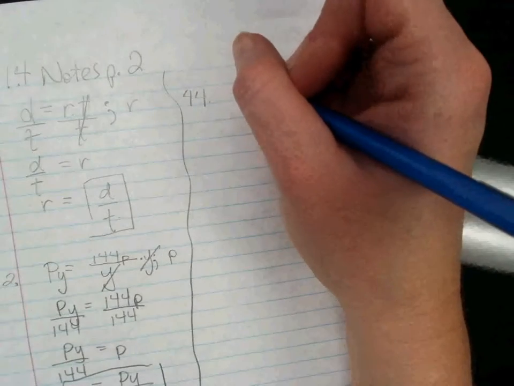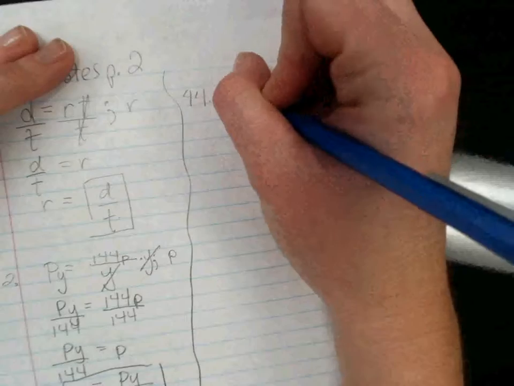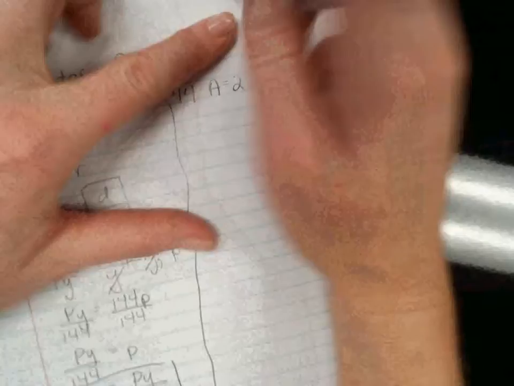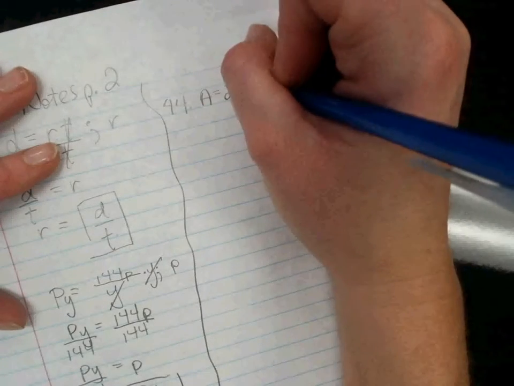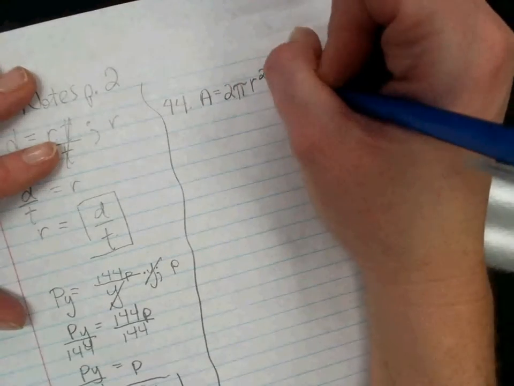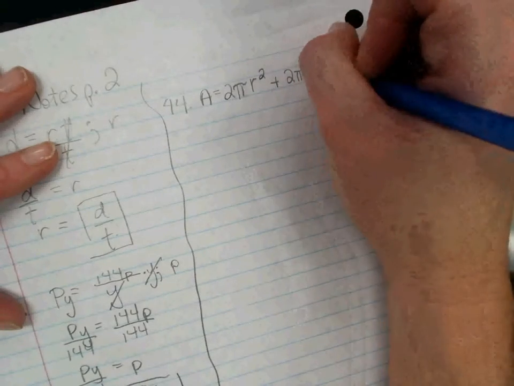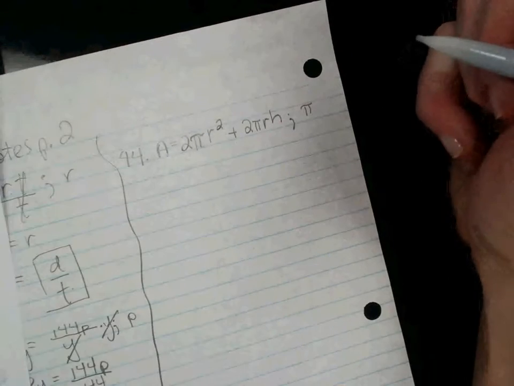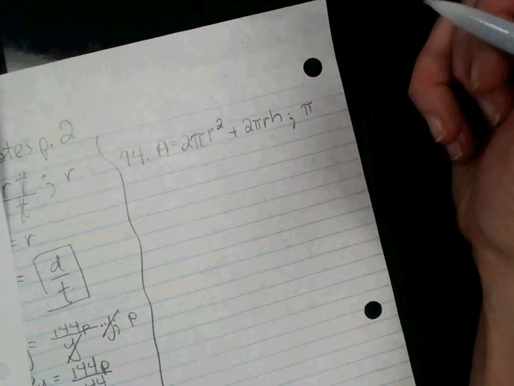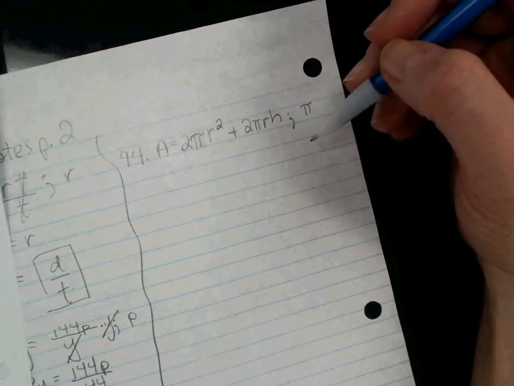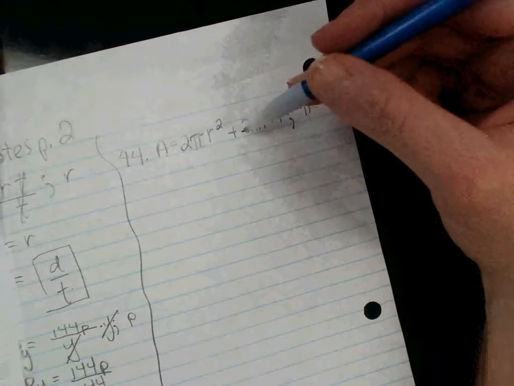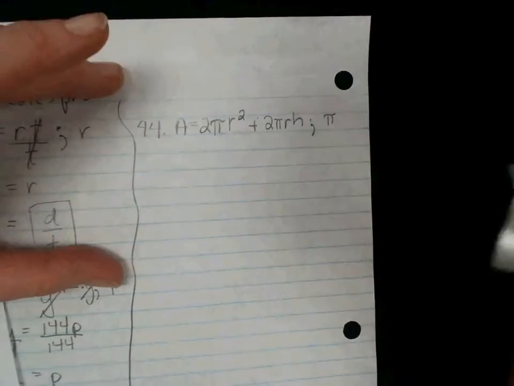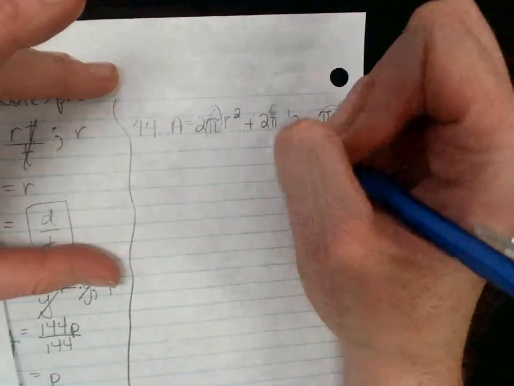So this one says solve A equals 2 pi r squared plus 2 pi rh, solve for pi. Now that should look familiar. What is that? 3.14. This is the formula for the surface area of a cylinder. Geometry. Okay, so we're solving for pi. I need to get pi by itself.